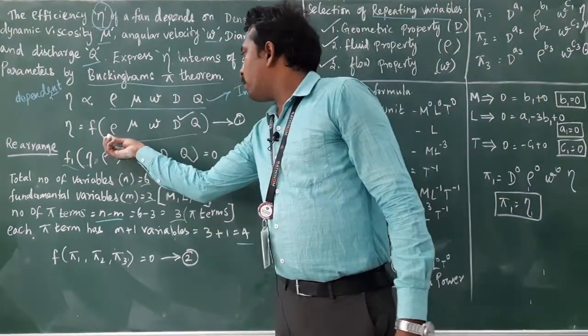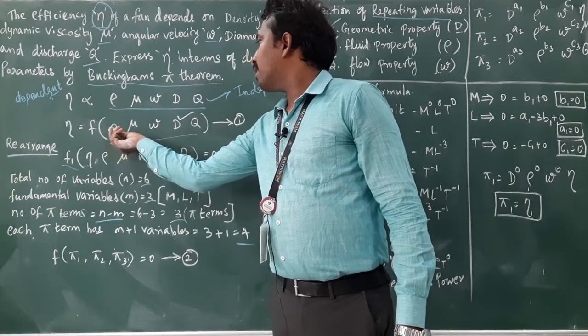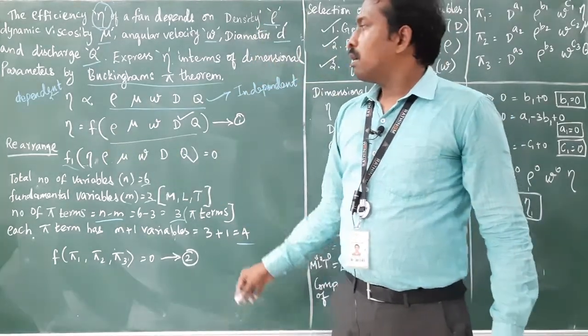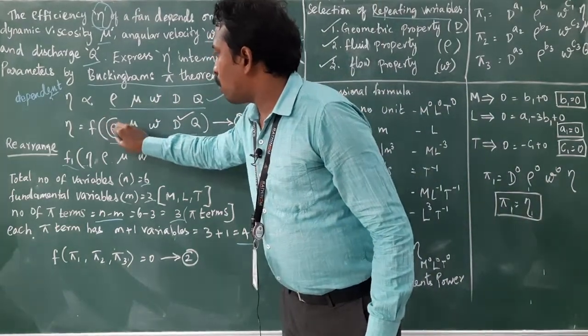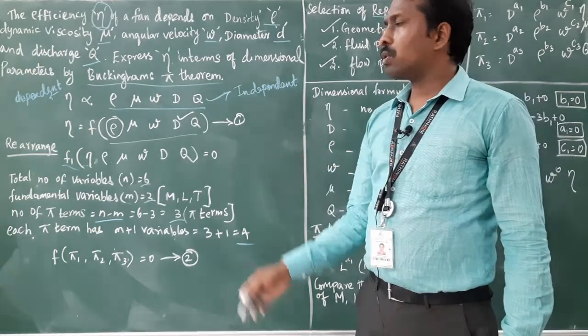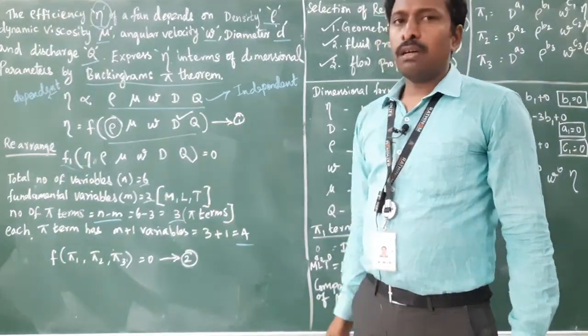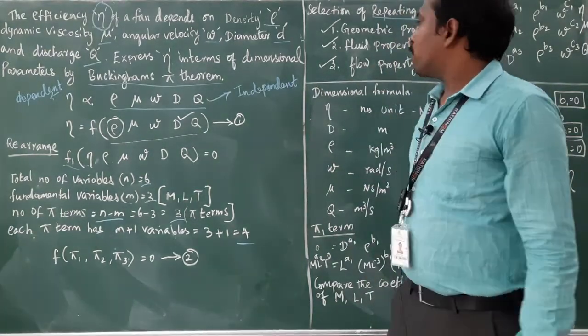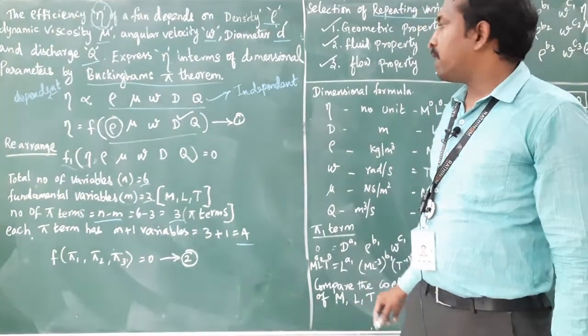Here, the fluid property variables are rho and mu. I am taking rho as the repeating variable because compared to rho and mu, rho is the well-known member. So rho is the fluid property repeating variable.